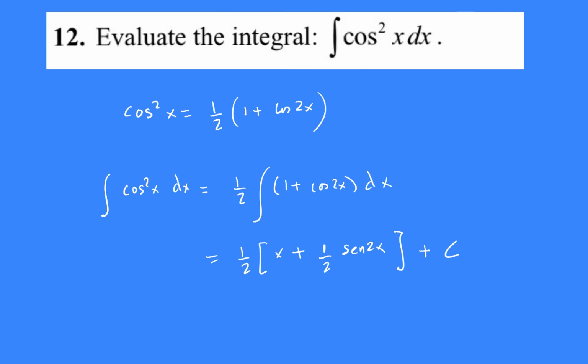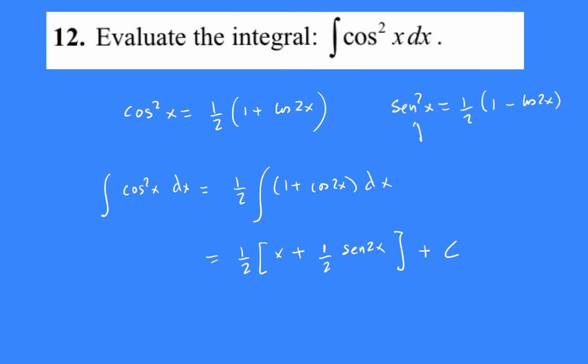So sometimes, for even powers, you need to use this identity: cosine square of x is 1/2 times 1 plus cosine of 2x, and sine square of x is 1/2 times 1 minus cosine of 2x.